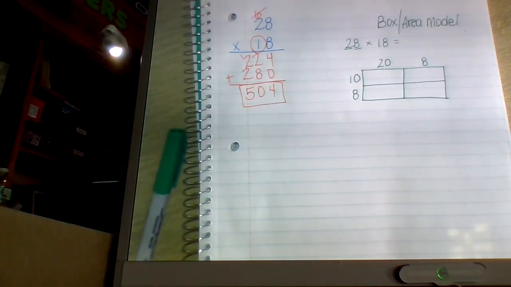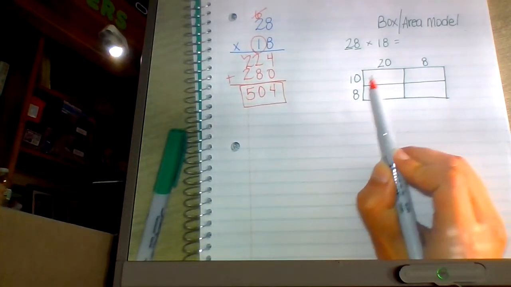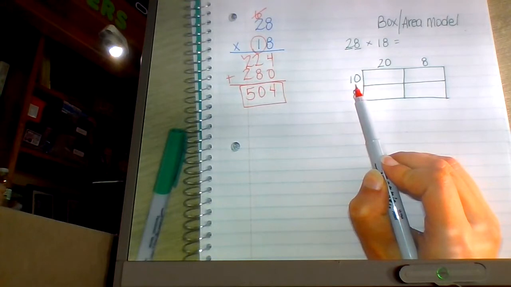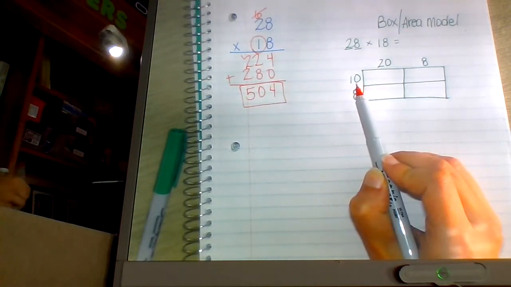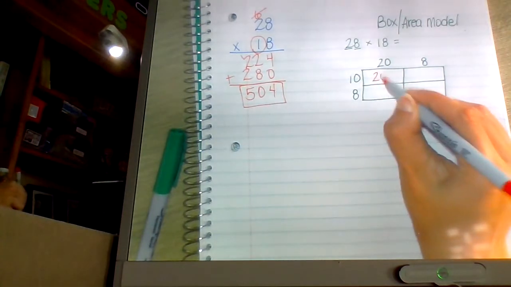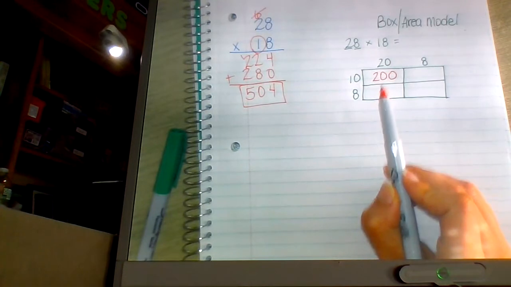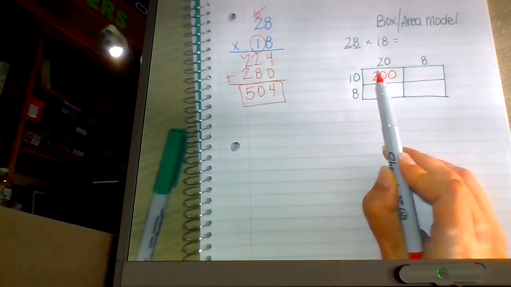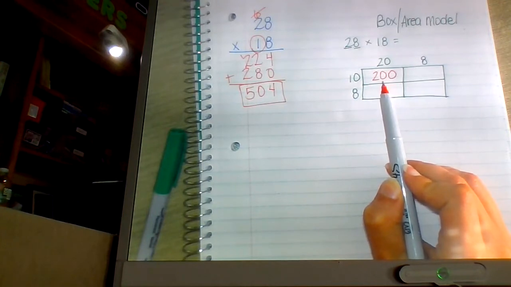Now it's time to multiply. So I'll multiply my tens places or my value of tens first. So 20 times 10 is 200. Notice the placement. 20 groups of 10, since they're both attached and touching this first box, that's why it goes in this box.